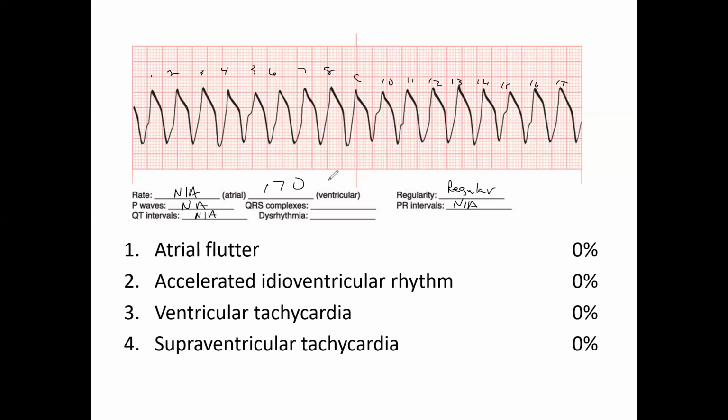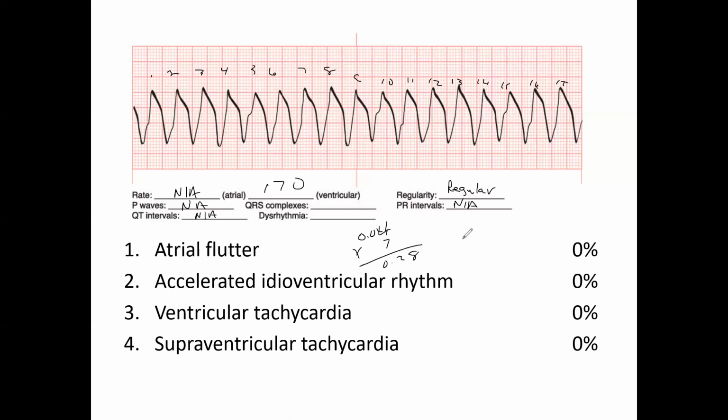If I look at these QRS complexes and look at the distance between them, there's one whole box and two small boxes, so maybe 7 small boxes. 0.04 times 7, and that'd be 0.28 seconds.